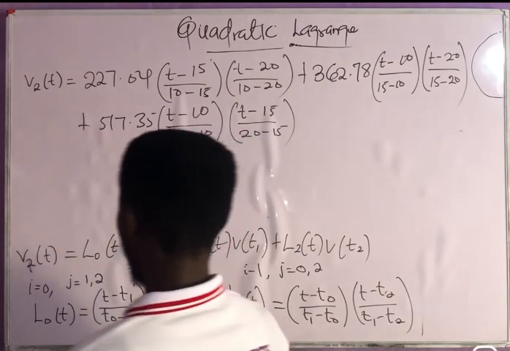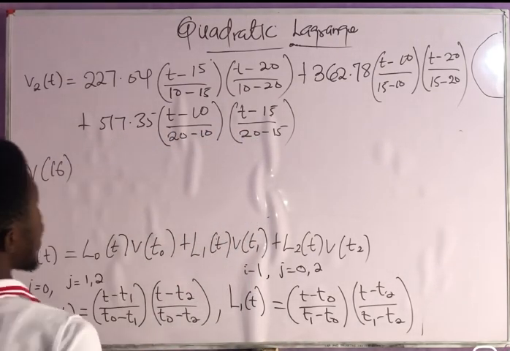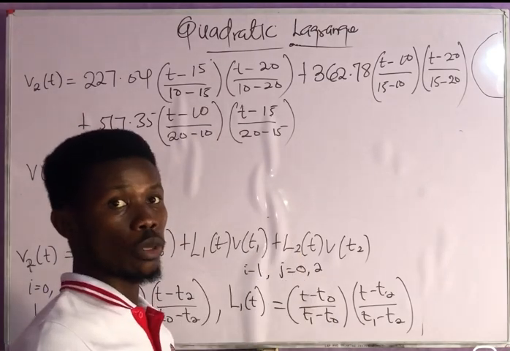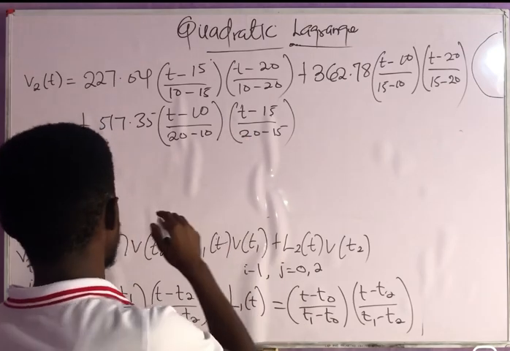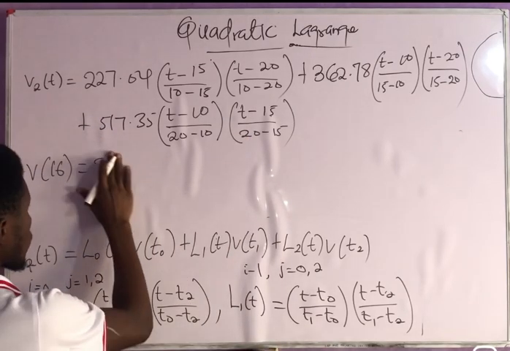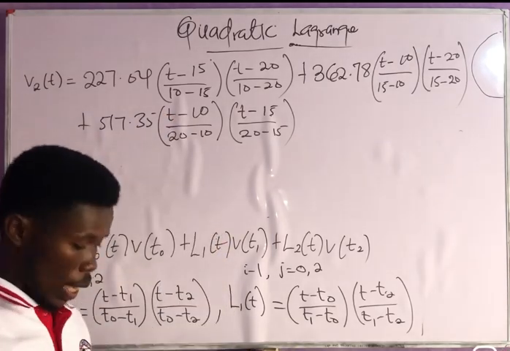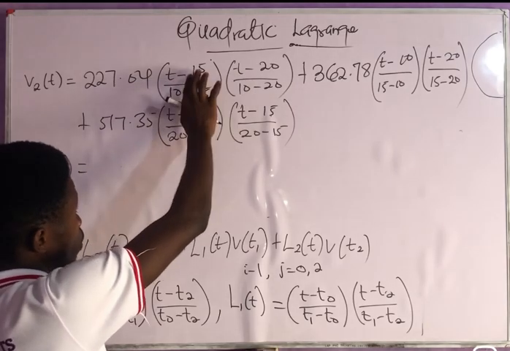Now the question asks us to find v of 16. So I'm going to simply substitute the value of 16 there. Please, you can do it on your own because of the space; I will give the answer straight. You just substitute the value of 16 wherever you see t.